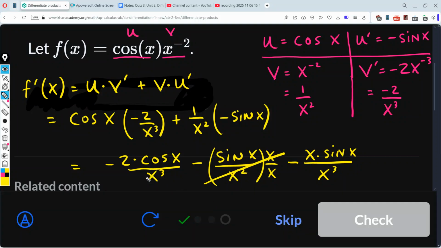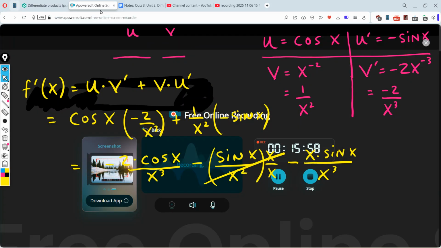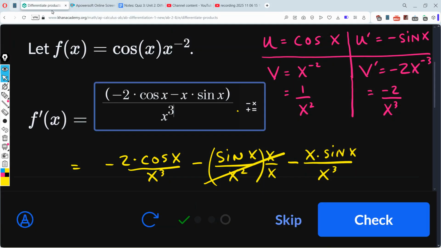And then what they would do is negative 2 cosine of x minus x sine of x all over x to the third. I'm going to enter that in the box, but I'm just trying to show you what it might be if it were multiple choice. Negative 2 cosine x minus x sine of x all over x to the third.